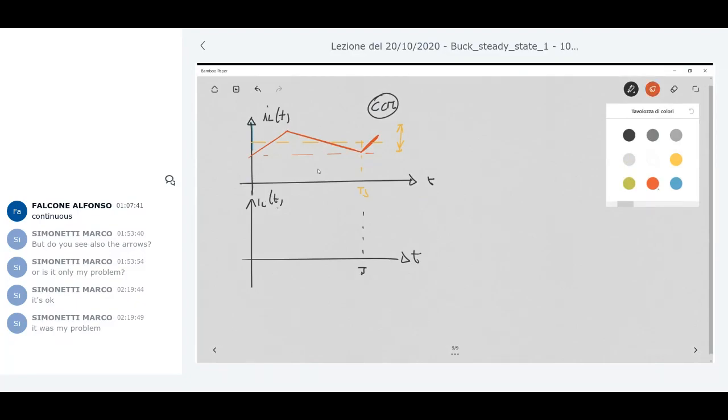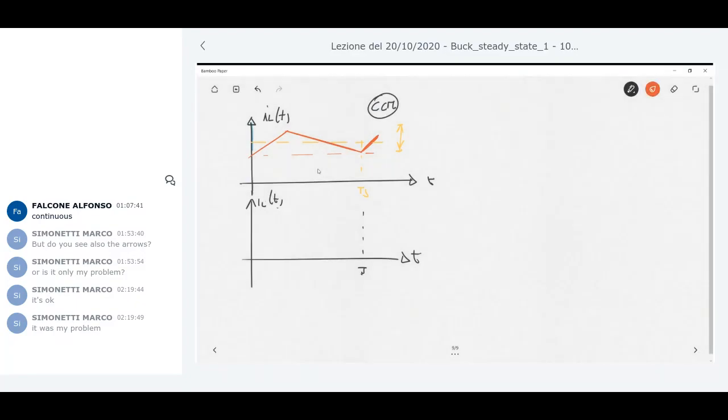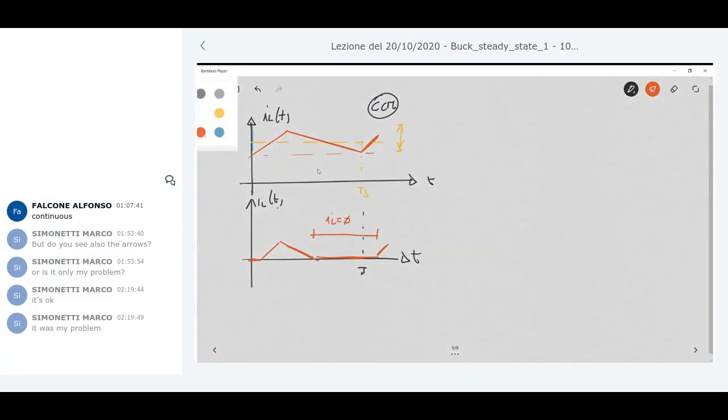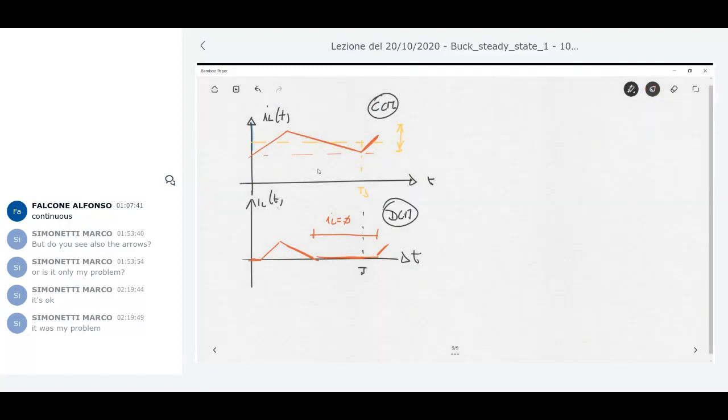It can be something like this. If you have a current like this, as you can see, there is a huge part of the period in which the current is zero. So this means that this current is typical for discontinuous conduction mode operating.